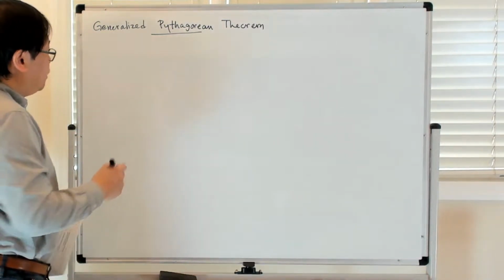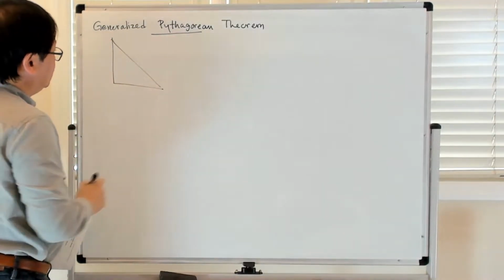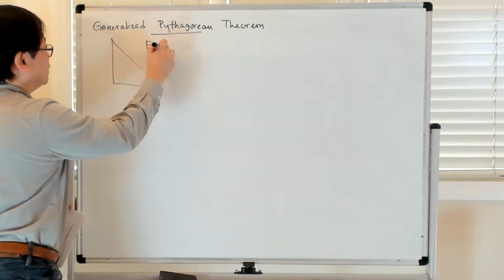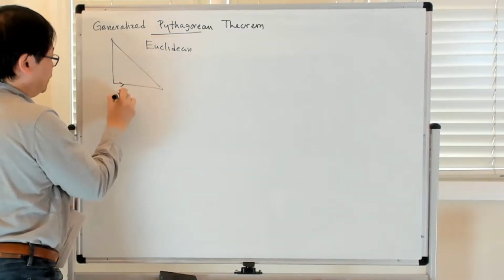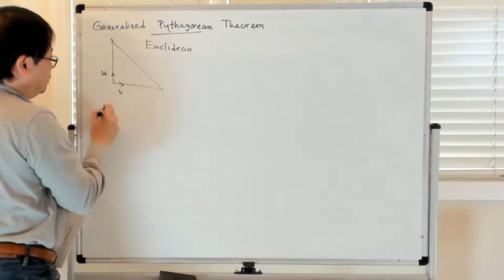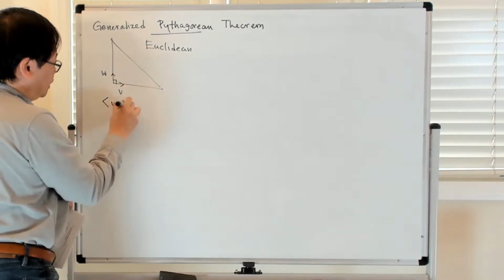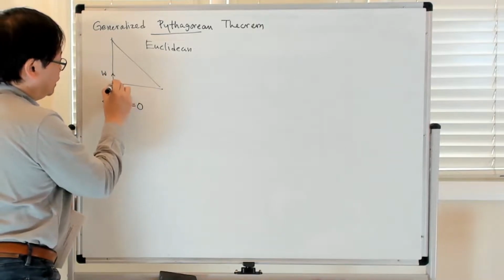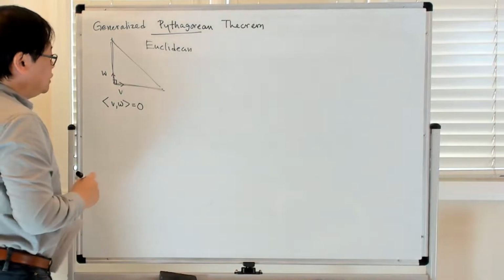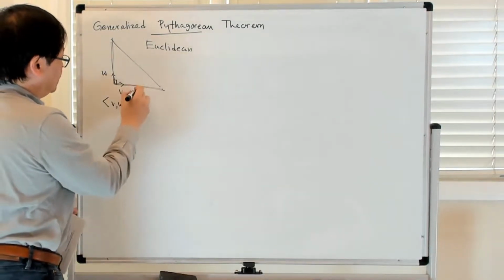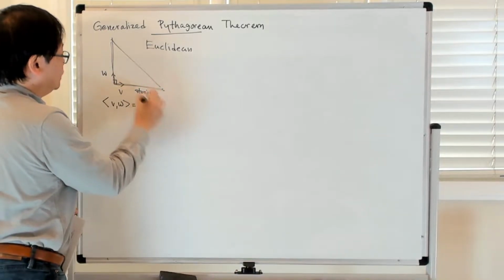If you're in a Euclidean space, you have, say, a vector v and a vector w, and at this point they're at right angles, so the inner product of v and w is 0. And this line is a straight line, and this line is a straight line.